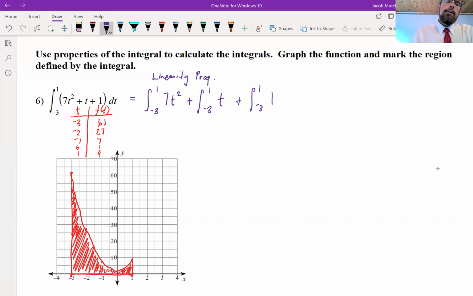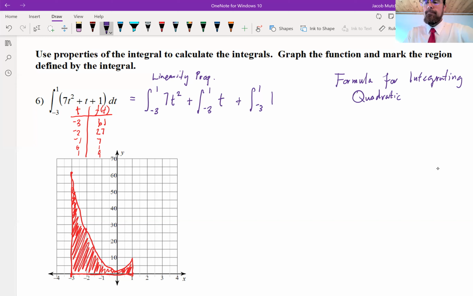What's different for us is this squared term. So let's give one additional property, and this one is the formula for integrating the quadratic parent. And it's going to be like what we saw for the formula for integrating the linear parent, but now thinking about the antiderivative that would result in x squared.